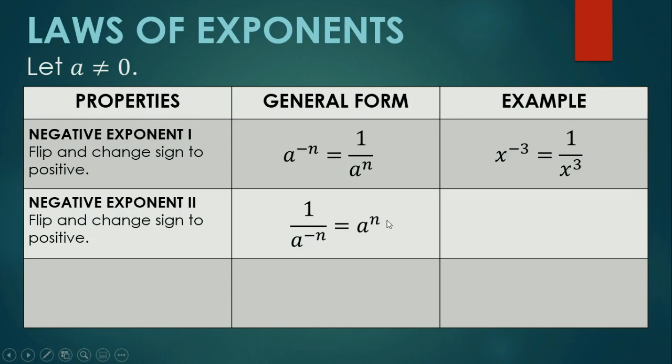So, in this case naman, kapag nakita mo na yung sa denominator, mayroon siyang negative na exponent, para maging positive yung exponent niya, itataas natin siya. So, mawawala na siya ng denominator. So, example, 1 all over x raised to negative 5. Since negative siya, para maging positive, itataas natin siya, it will become x raised to 5.